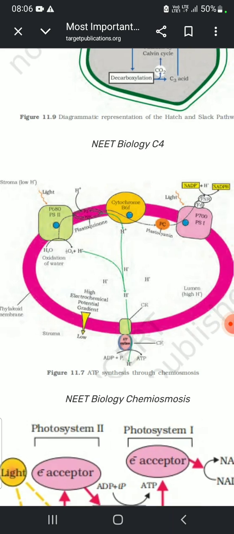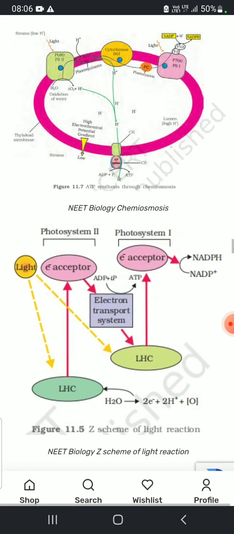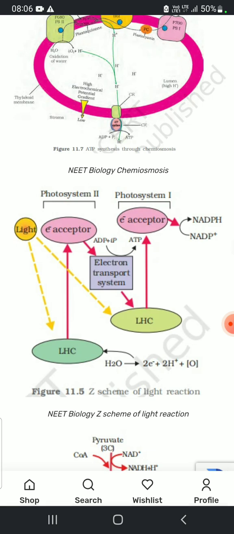Important point here is that between PS2 and cytochrome b6f, plastoquinone is present, and between cytochrome b6f and PS1, plastocyanin is present. Next, Z scheme of light reaction. In the Z scheme, PS1 and PS2 both work.